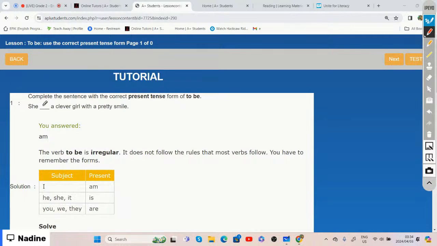So she is a clever girl with a pretty smile. So well done. Is is correct. She is, because that is our present tense verb.